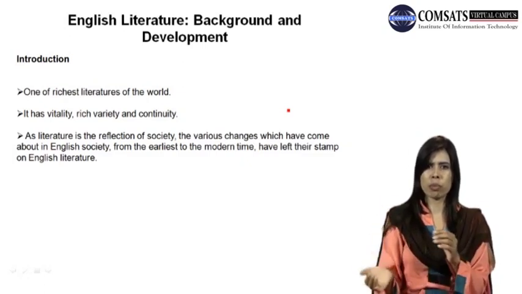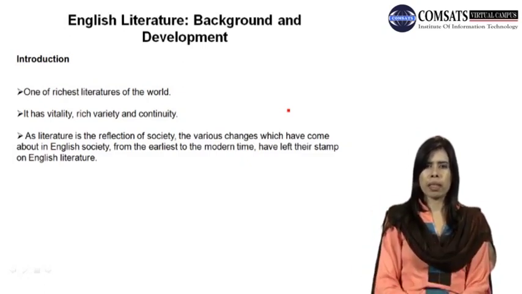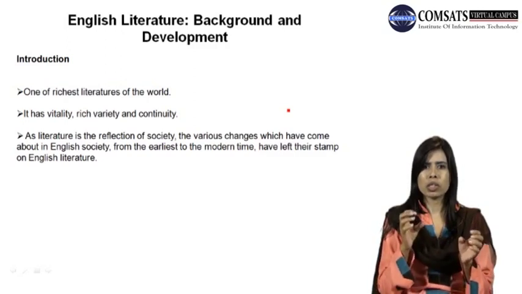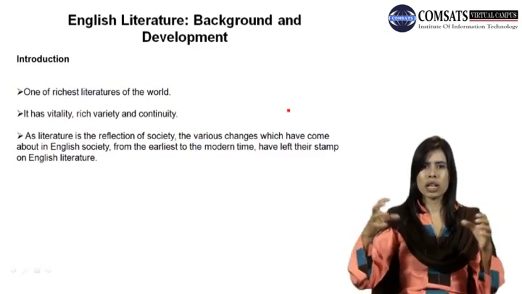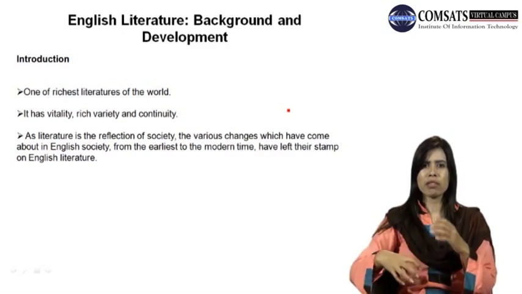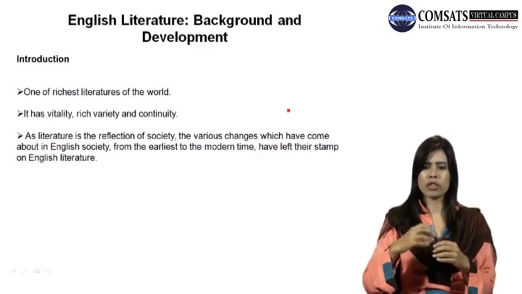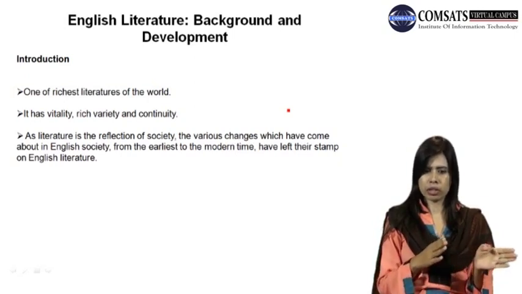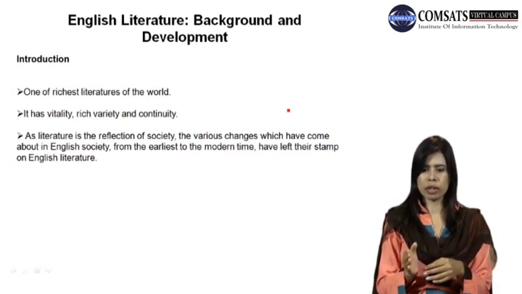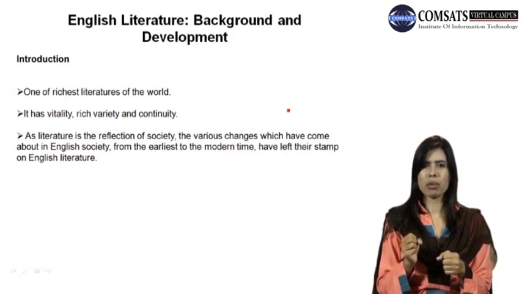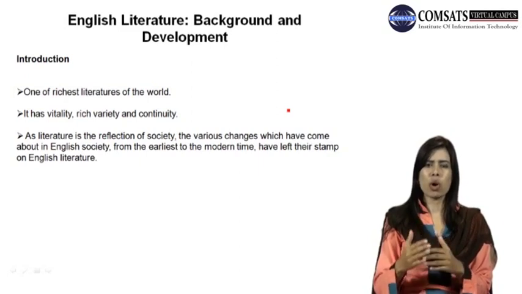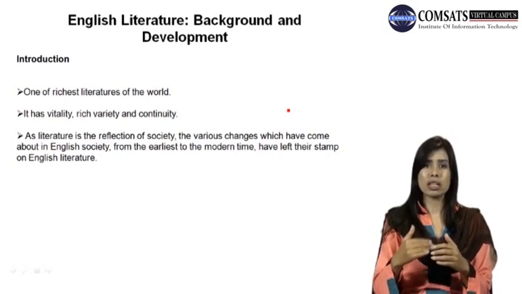There is a shift from one period to another. As I told you before, literature is a reflection of any particular society. So a society is saved in the books of literature. The various changes which have come about in English society from the earliest to the modern time have left their stamp on English literature. So again we'll focus on English society plus English literature.